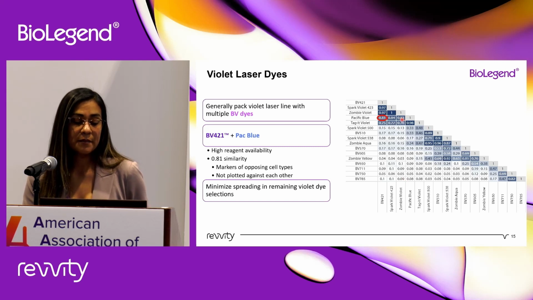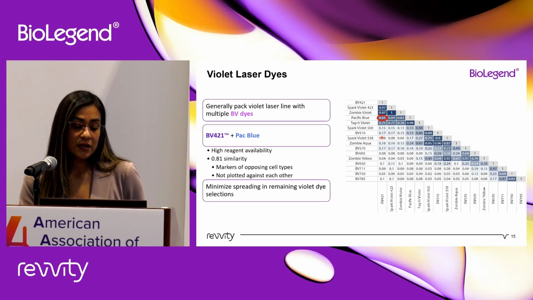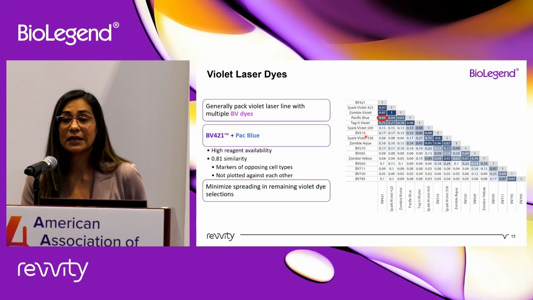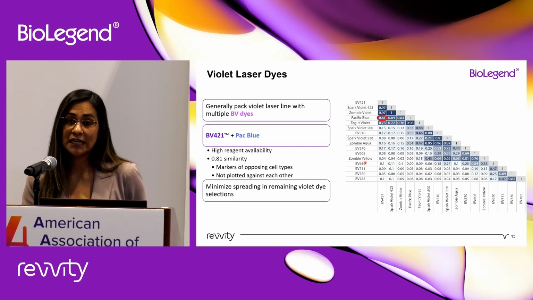On the violet laser, you can see that there are many dyes that have a low similarity index. And for this reason, at BioLegend, we tend to pack this laser with multiple Brilliant Violets. And we have extensive experience using all of them together in our multicolor panels, and they work really well.